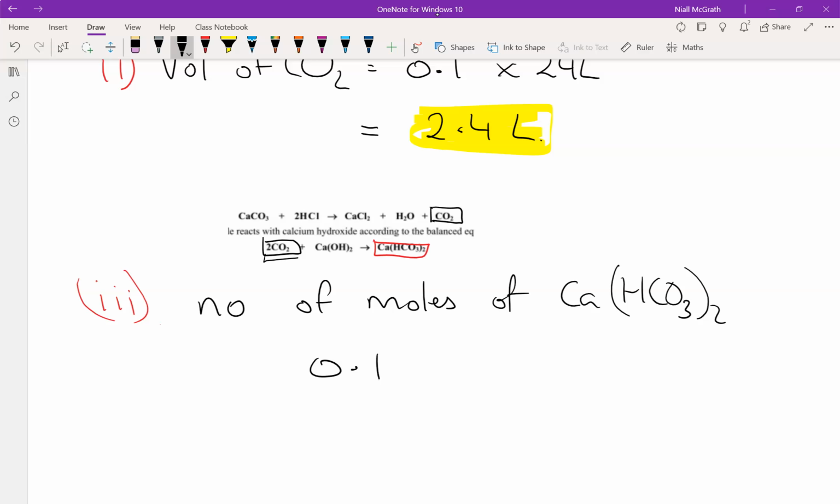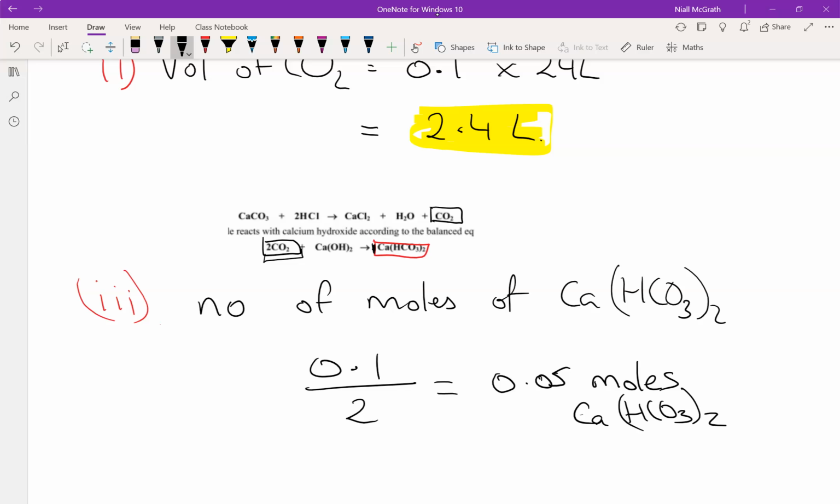You have 0.1 moles of carbon dioxide, you have half that amount. There's a 1 in front of your calcium hydrogen carbonate, so it's going to be 0.1 over 2. That will give you the number of moles of calcium hydrogen carbonate. There's a 2:1 ratio, so that means you have 0.05 moles of that CaHCO3.